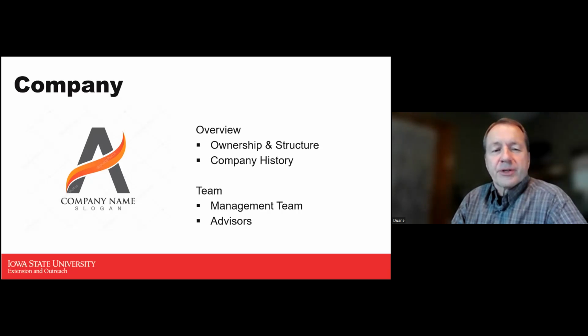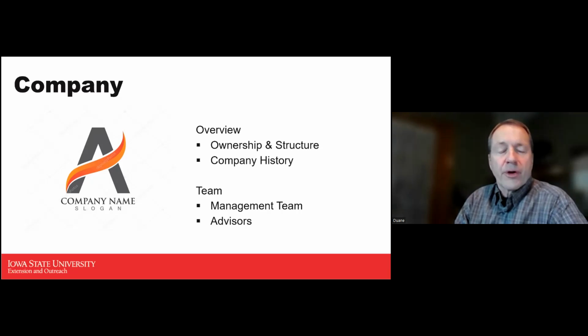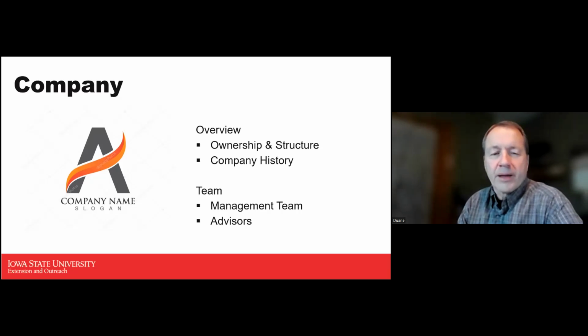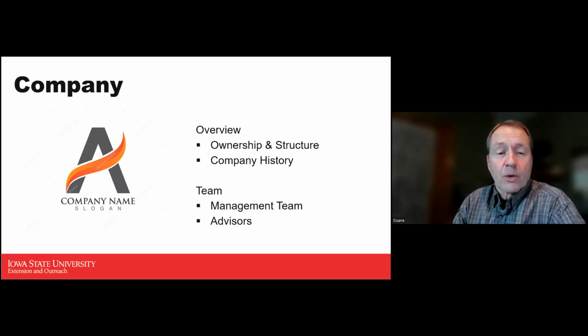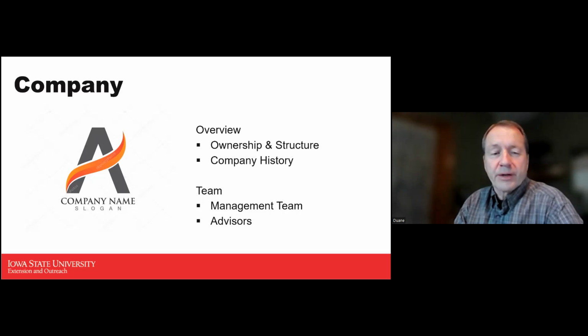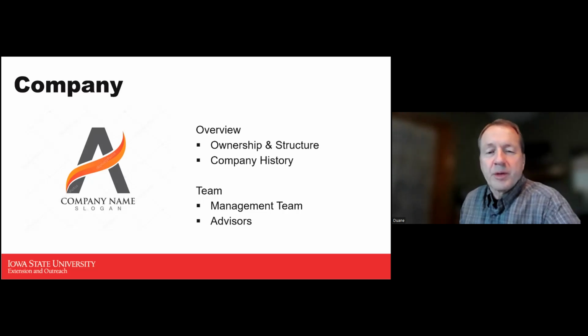And then advisors. This can be a key role, especially, again, if this is a startup. Are there people I am relying on for their expertise? They can be professionals, such as my lawyer or my bookkeeper or accountant, or they might be other consultants, such as from the Small Business Development Center or one of the SCORE representatives, which are a couple of really good ways to get free consulting from experienced business people.